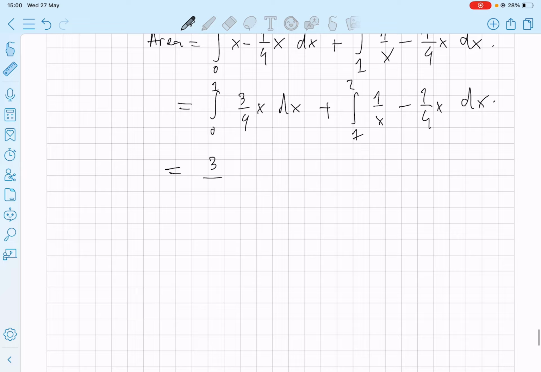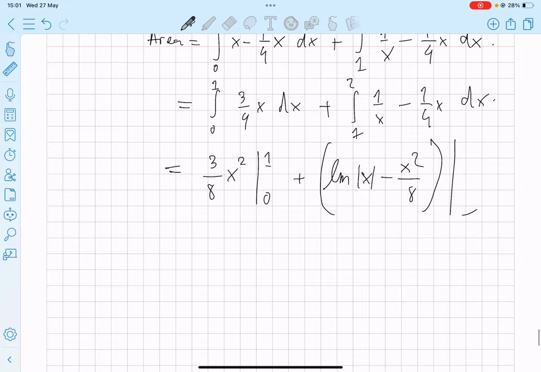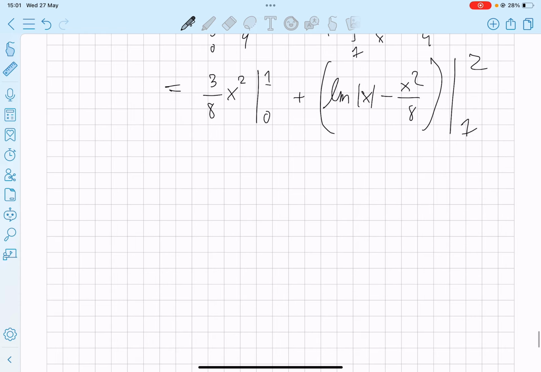And this is equal to 3 over 8 x squared from 0 to 1, plus natural log of x minus x squared over 8 from 1 to 2.